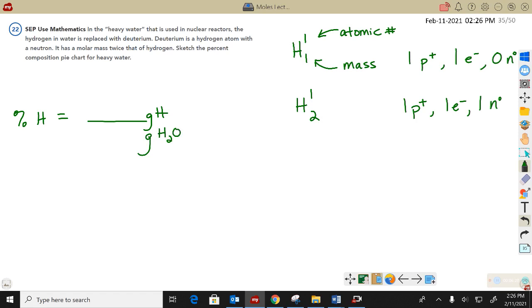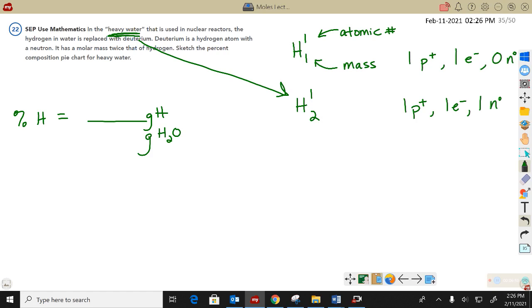And again, this is going to be for the heavy form of water. Heavy water means this, where the mass is 2, twice the molar mass of regular hydrogen. Okay, so in water there's 2 hydrogen atoms, but now if it's heavy water, their mass would each be 2.